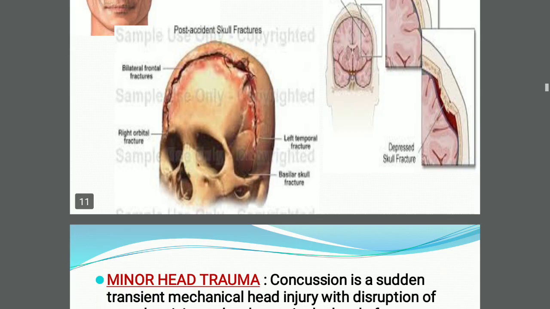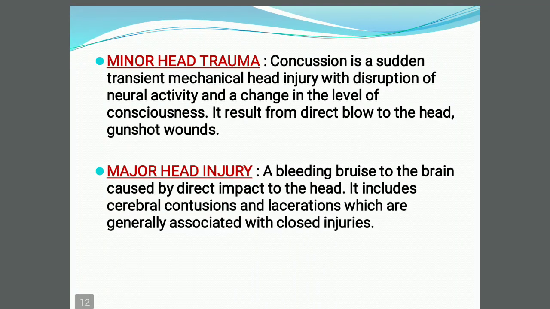Next, that is the minor head trauma. In minor head trauma, concussion occurs, which is a sudden transient mechanical head injury with disruption of the neural activity. So there is a change in the level of consciousness, and it results from a direct blow to the head or gunshot wounds.